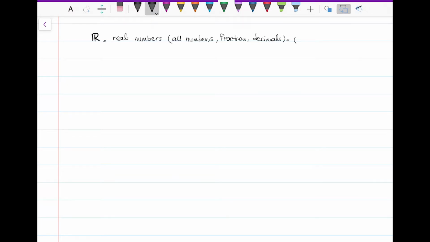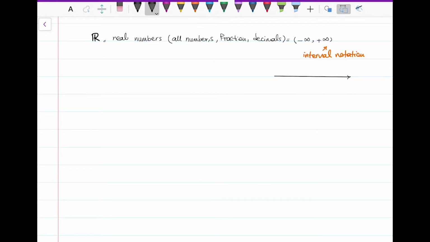I'm going to use this notation for it, negative infinity to positive infinity, and this is called the interval notation for the real numbers. We also show a graph to show real numbers.